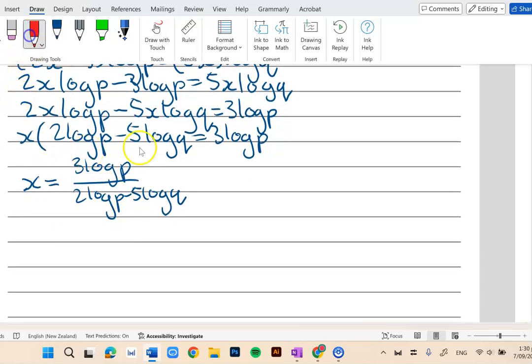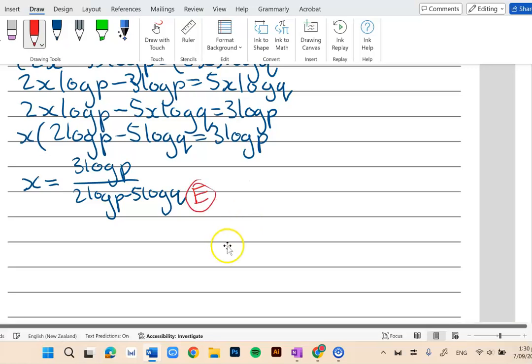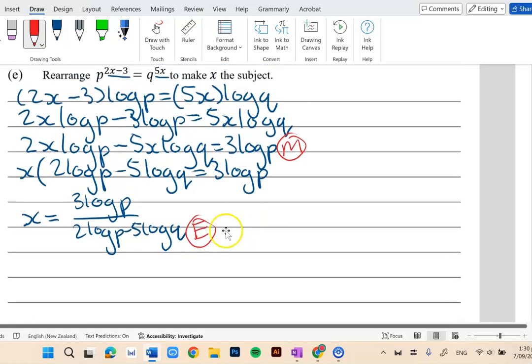Getting a final answer in terms of x, that's an excellence. Merit is you're just putting the x's on one side, so probably here, merit. And then achieved is just taking logs of both sides and multiplying them both, so probably somewhere around here.